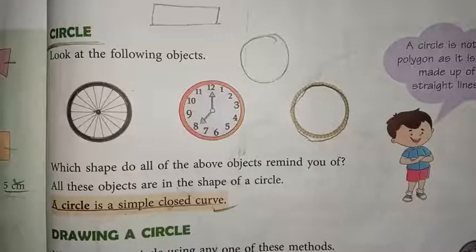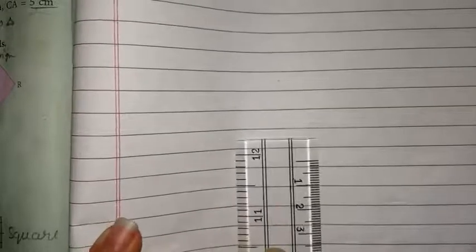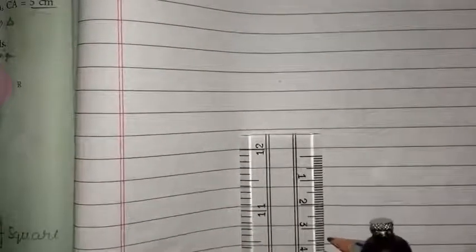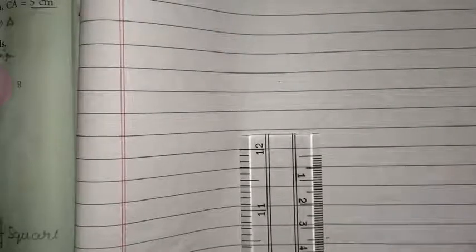All right, students, to make a circle you need a scale, compass and pencil. First of all, I'll take an assumed value. This is not given in your book or anywhere, this is just an example of how to make a circle.